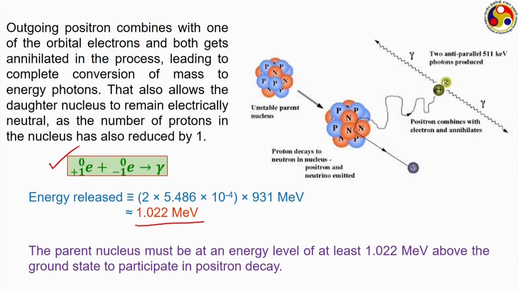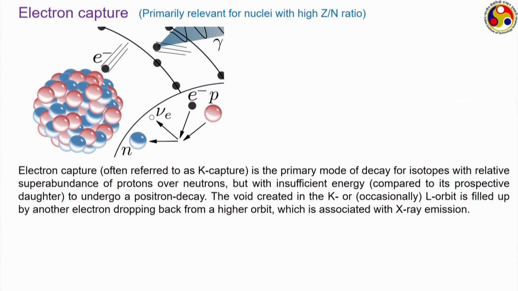I repeat, the parent nucleus must have this 1.022 MeV of energy, only then can it go through the positron decay process. But what will happen when an isotope has excess protons, but does not have this amount of energy? Then we have the other kind of reaction, that is called electron capture, often called K capture or L capture. It is an extremely interesting kind of reaction.